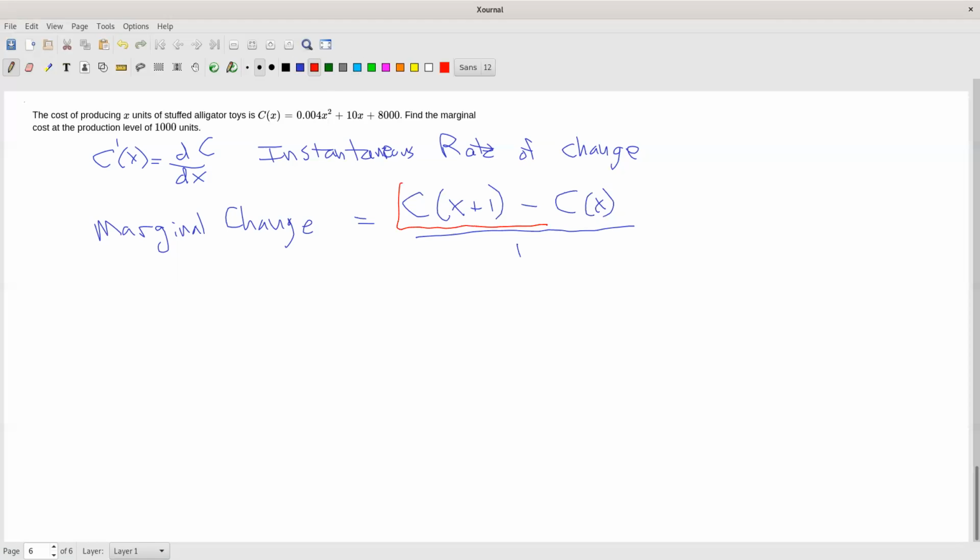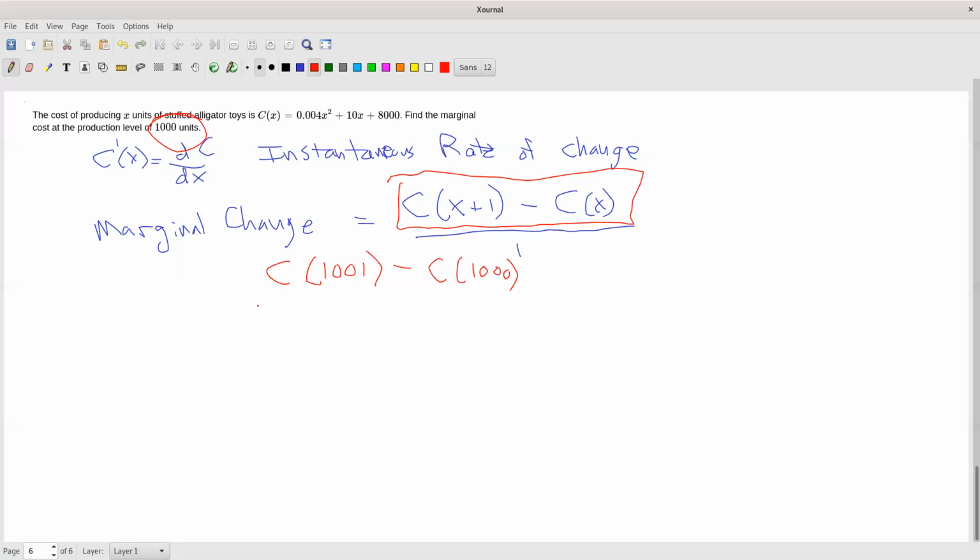So in this problem right here, I'm asked to calculate at 1,001 units versus 1,000. So if x equals 1,000, my marginal change is: find the cost at 1,001 units, find the cost at 1,000 units and subtract them, and that's the marginal cost when x equals 1,000.